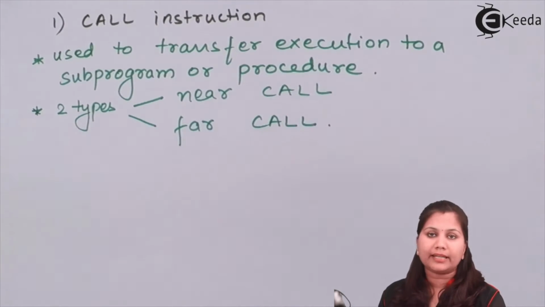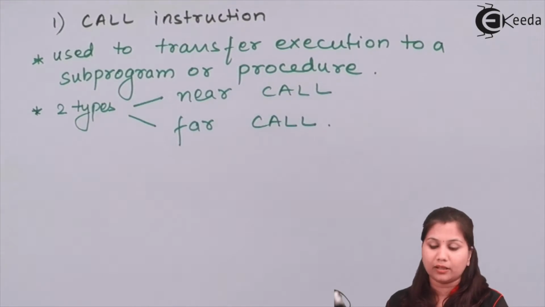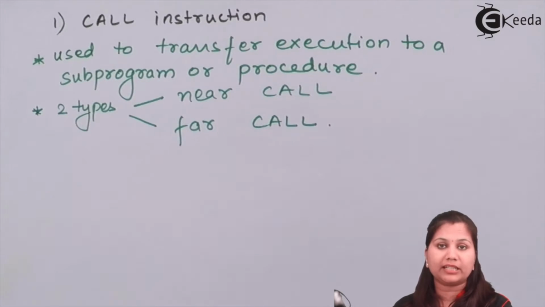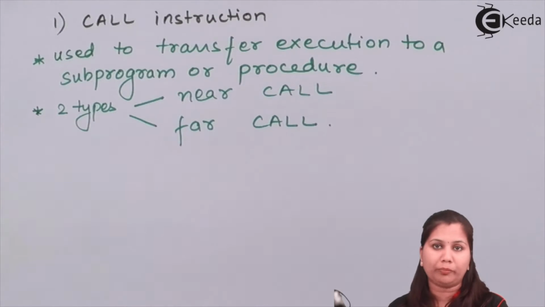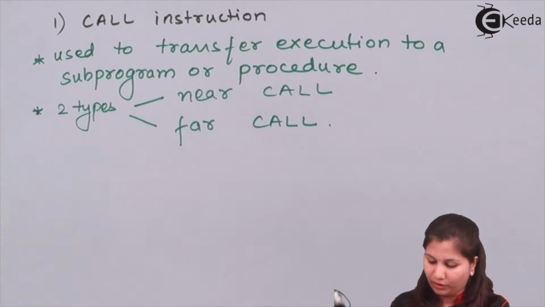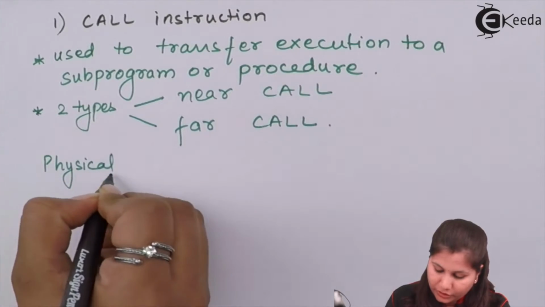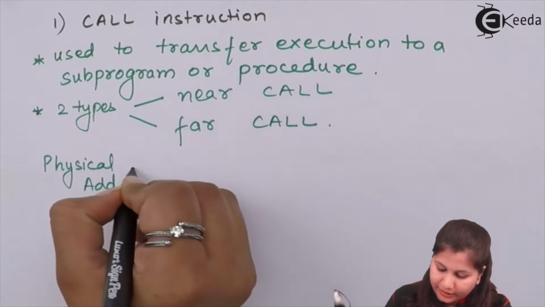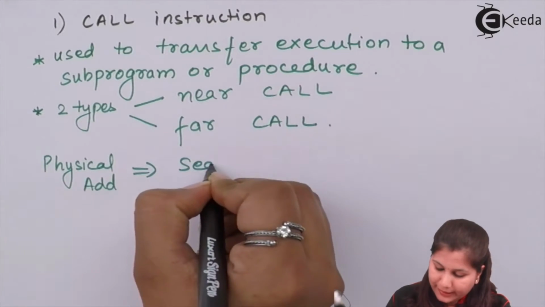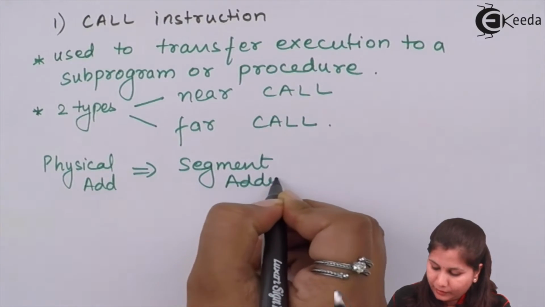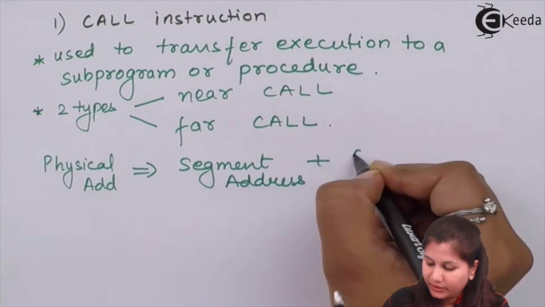We know that in the 8086 microprocessor, the physical address of a memory location consists of two parts: the segment address plus the offset address.